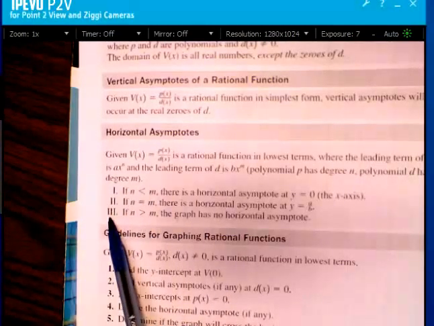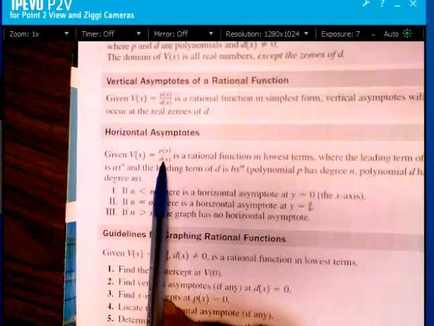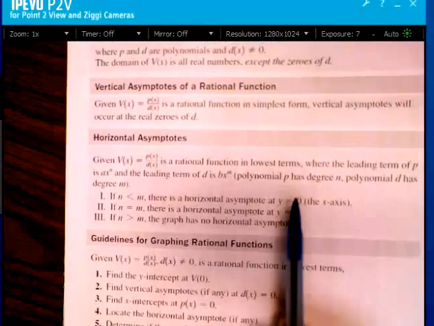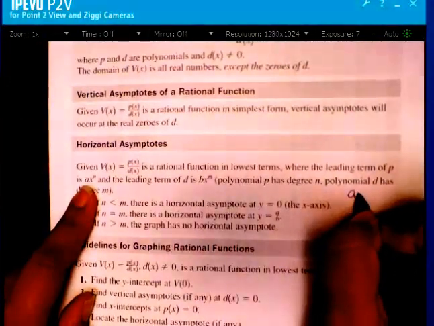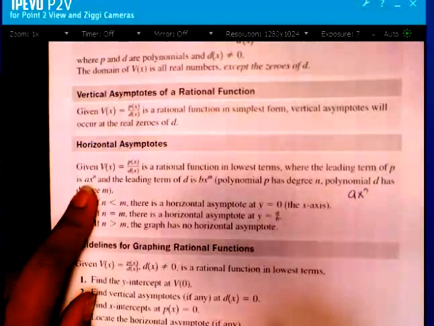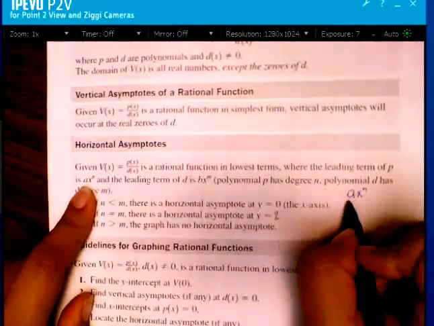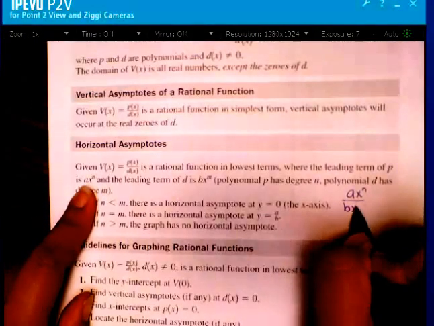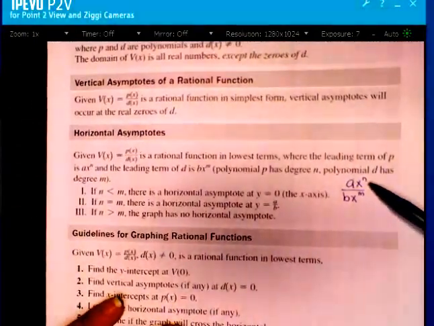There are 3 different options. If we're given a rational function and it's in lowest terms, we can let the leading term of the numerator be a x raised to the nth power, and the leading term of the denominator we're going to call b x raised to the mth power. Again, it must be in reduced form.